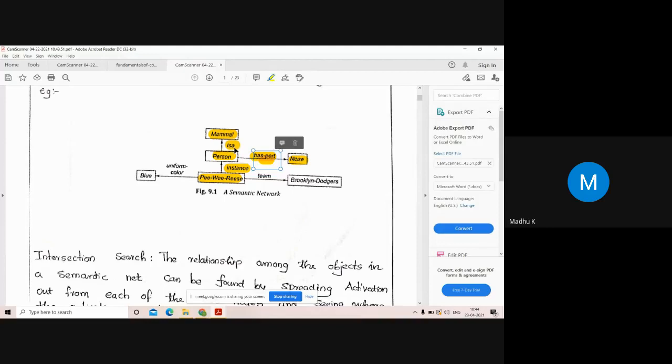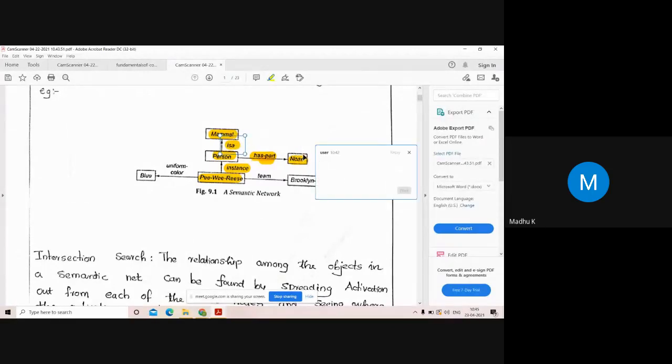So basically, first we can familiarize ourselves with the various relations. Types of relation: is-a relation, instance relation, and has-part relation. Okay, so what is the use of the is-a relation?